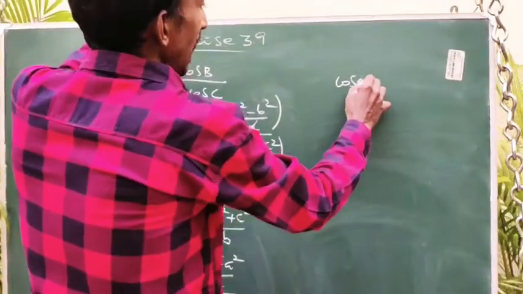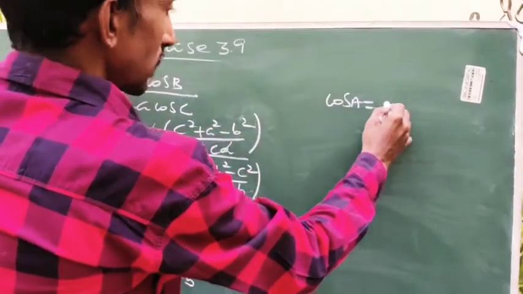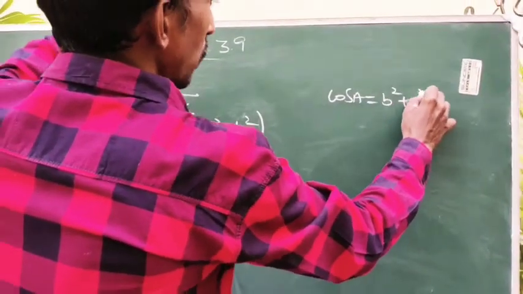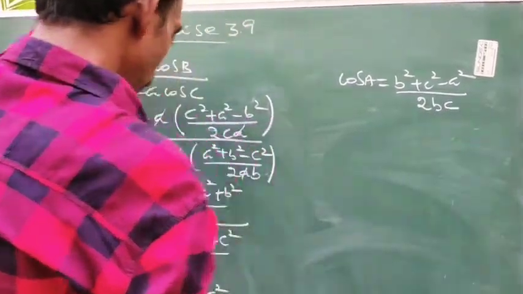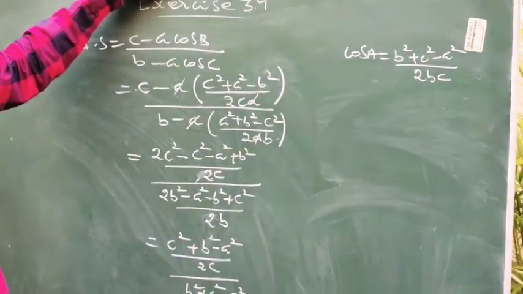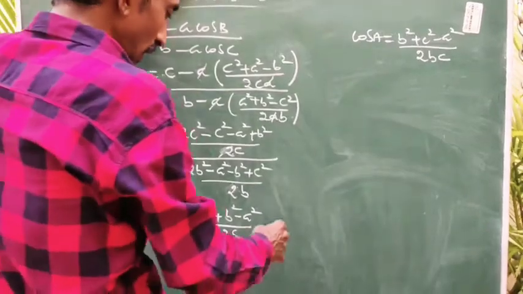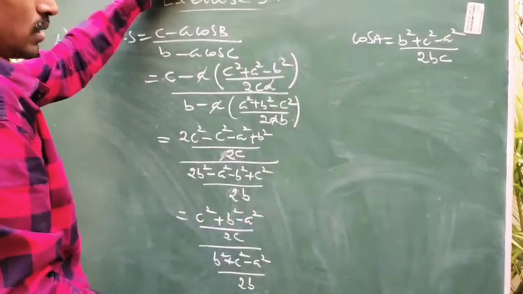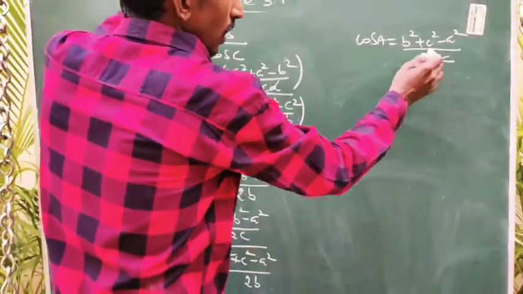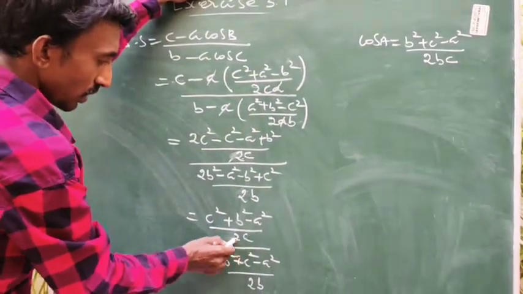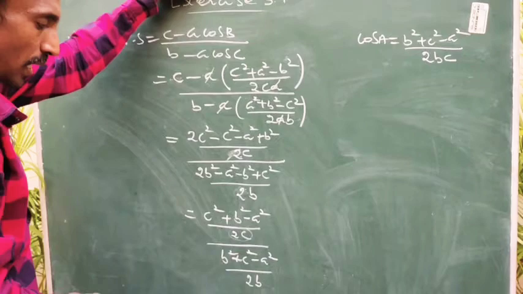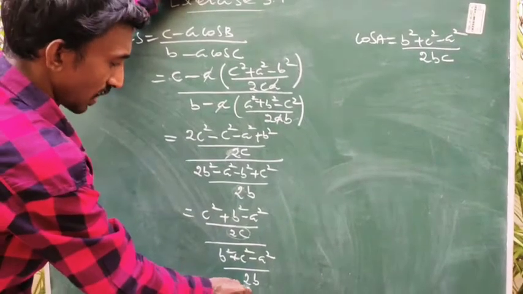What is cos A? Cos A means b square plus c square minus a square by 2bc. Similarly, here we need b, and here we need c.